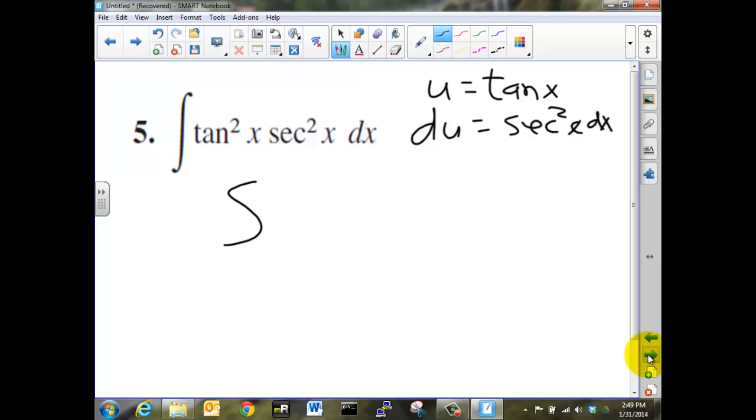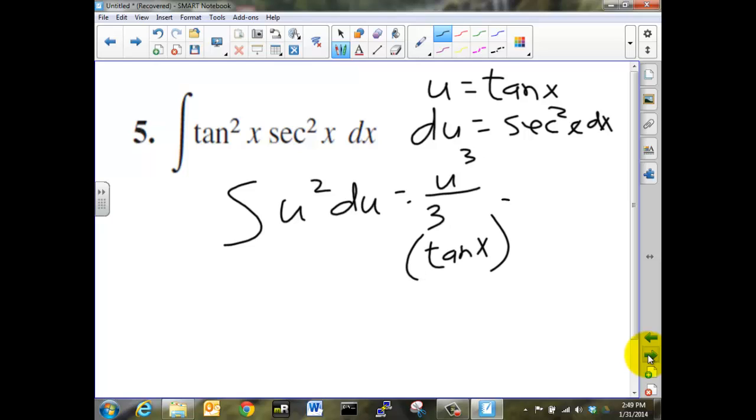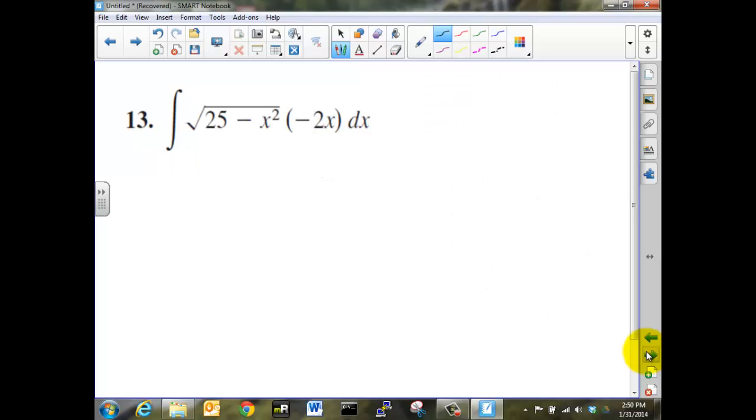Just tan, because we don't have a derivative for tan squared. We get u squared du, so it becomes u cubed over 3. Tan x cubed over 3 plus c. That doesn't have to be as complicated. Be careful with that. That's not hard.